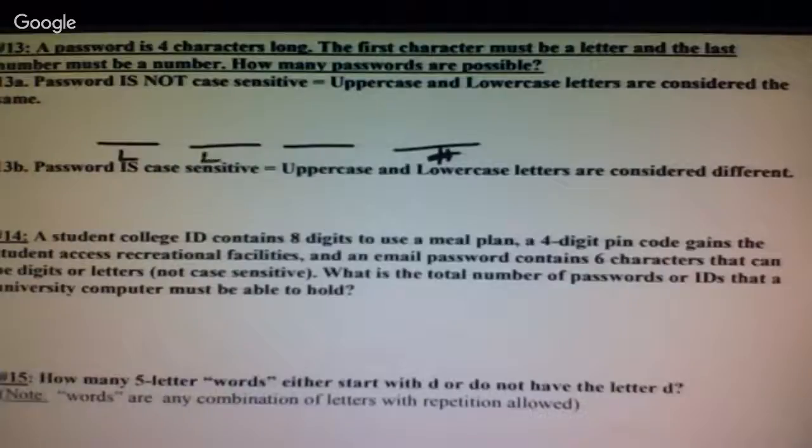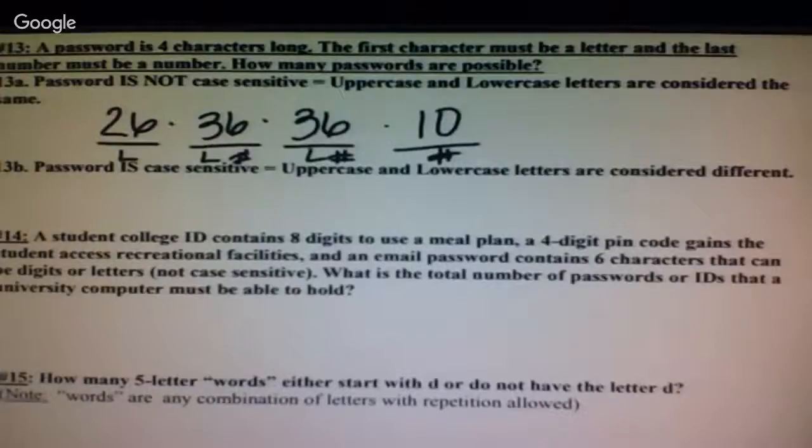Everything else can be a letter or a number. So my first slot has to be a letter: 26. And then 26 plus 10 is 36. 36. 36. And 26 and 10. Boom, boom, boom.